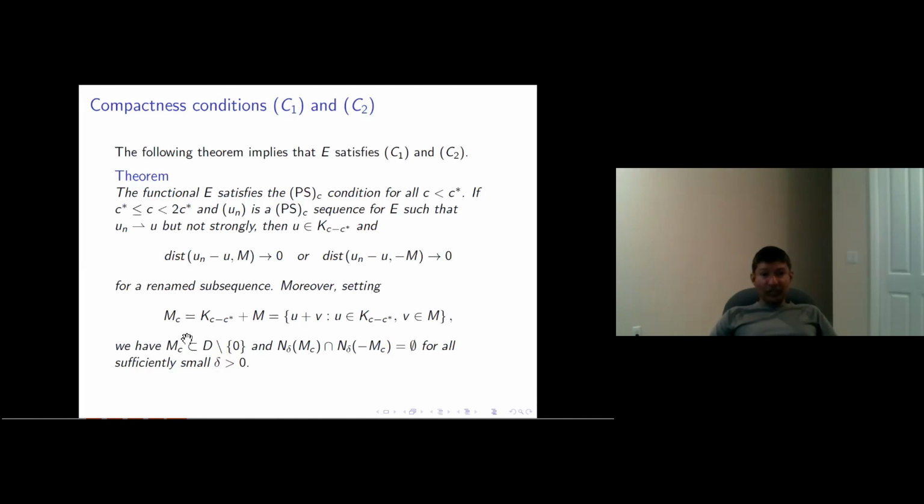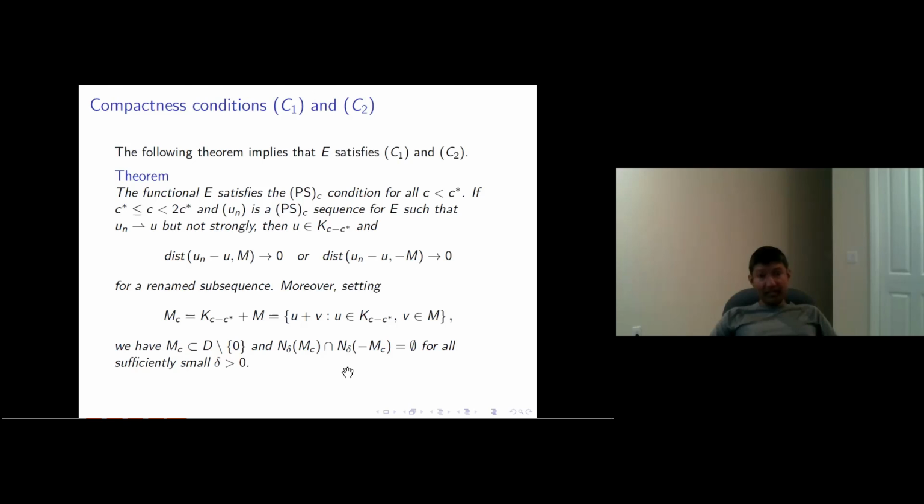And moreover, if you set MC equal to the set of critical points at the reduced level C minus C star plus M, so it's the set of sums of this form with U in K C minus C star and V in M. Then this MC is contained in the complement of the origin in D, and the sets MC and negative MC can be separated by disjoint neighborhoods for small delta.